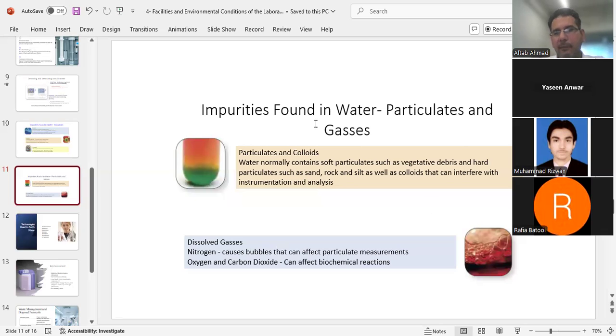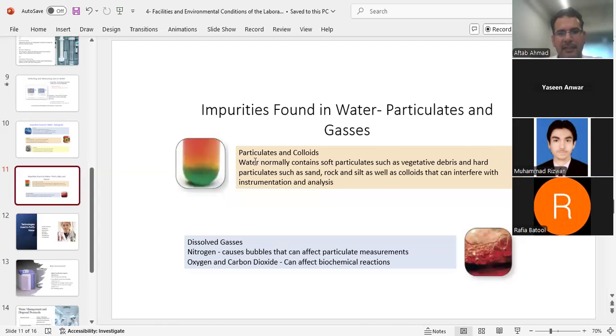With those meters you can check the quality of water: what is the TDS number, what is the total ion concentration, what is the total salt concentration, what is the resistivity of the water, what is the conductivity of the water. We can check all those parameters.